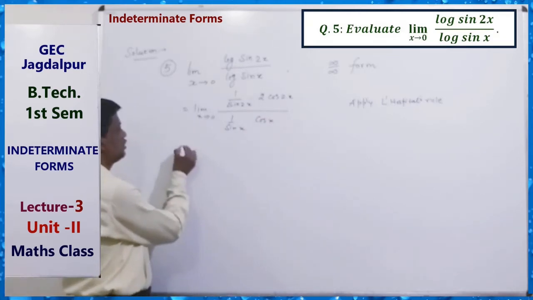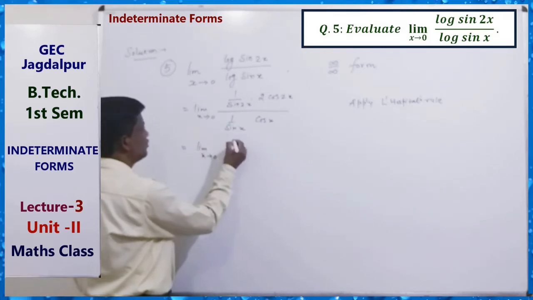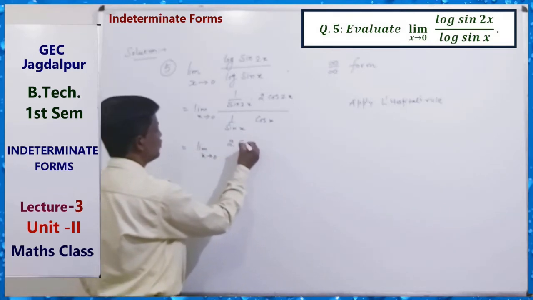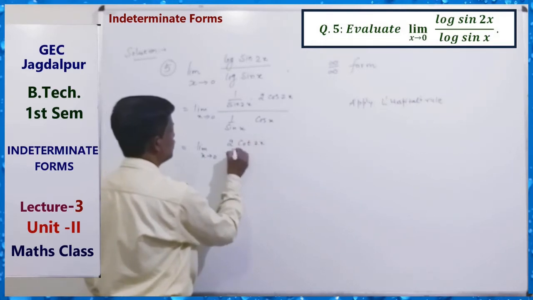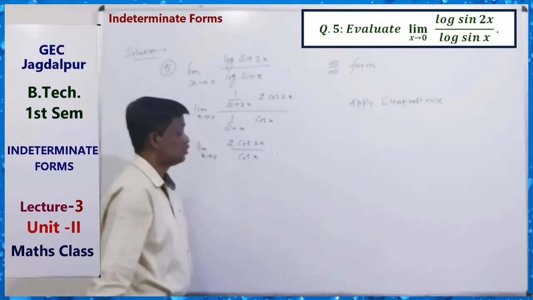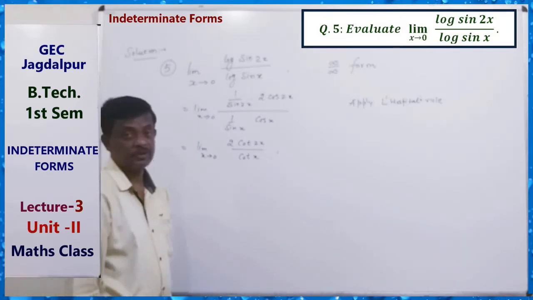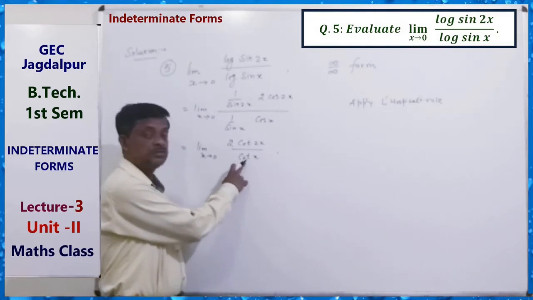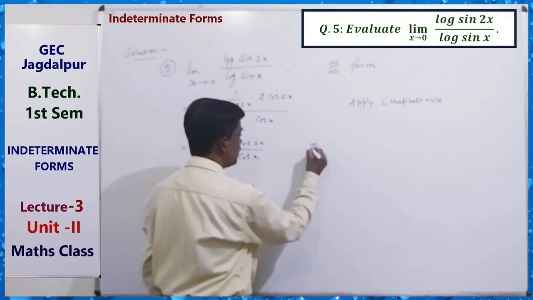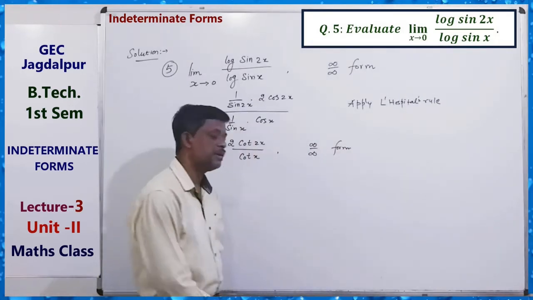Just we get limit x tending to 0 of 2 cot 2x upon cot x. As x tends to 0, cot 0 is infinity. So this is again infinity by infinity form.